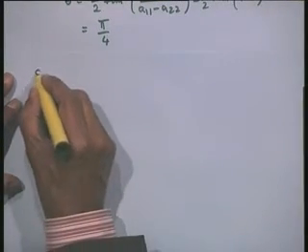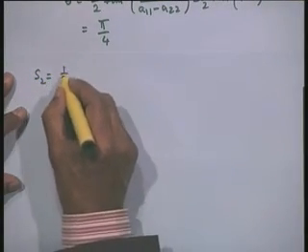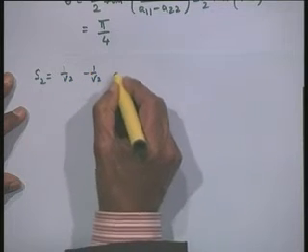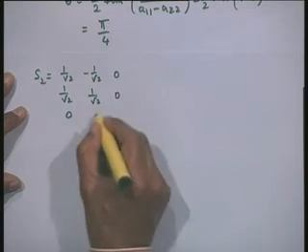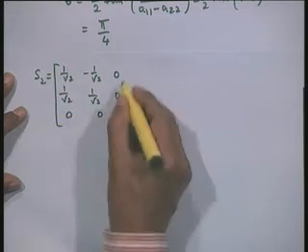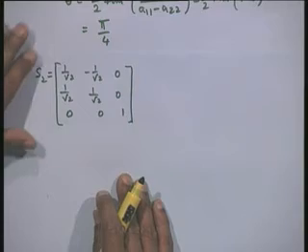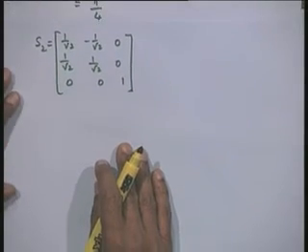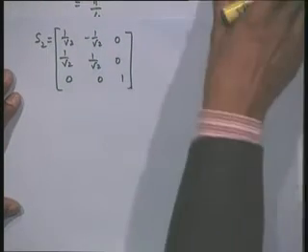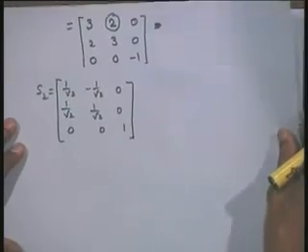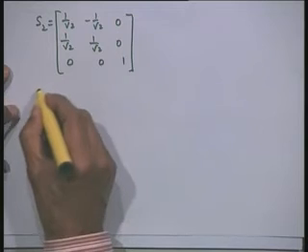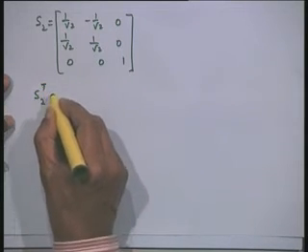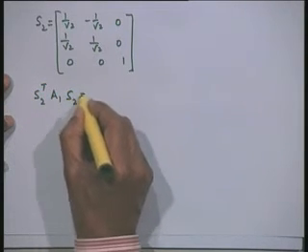Therefore I can write down my matrix S2 will be cos theta, minus sin theta, cos theta, remaining is all I. Now we perform our rotation with respect to this new matrix. Therefore, S2 transpose A1 S2.